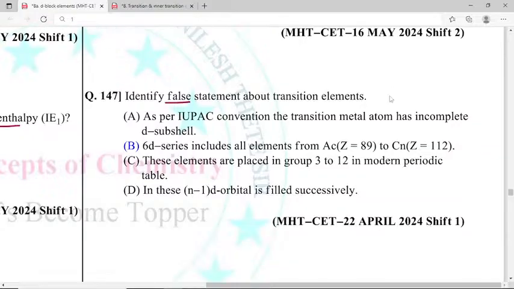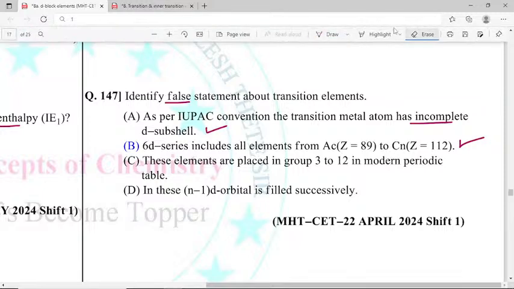Identify the incorrect statement about transition elements. As per IUPAC convention, a transition metal atom has an incomplete d subshell. Yes, correct. These elements are placed in groups 3 to 12 in the modern periodic table.